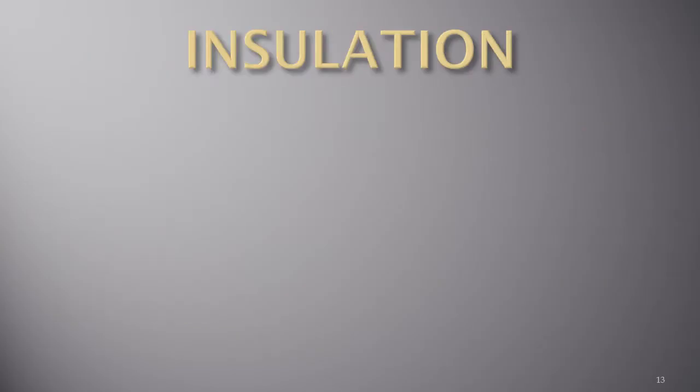Insulation. Let's talk about insulation. Insulation is a barrier. Because of climate, you're going to have different building materials and construction methods that are used. The insulation acts as a thermal barrier.